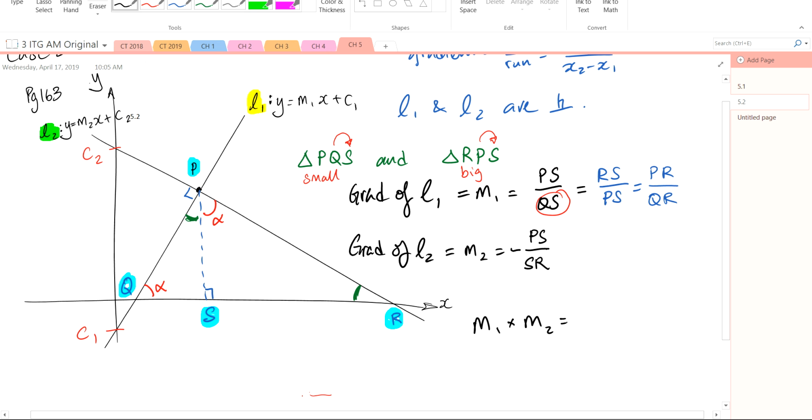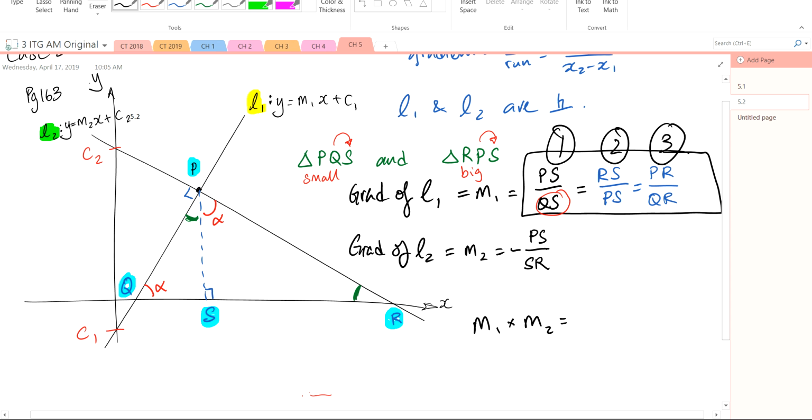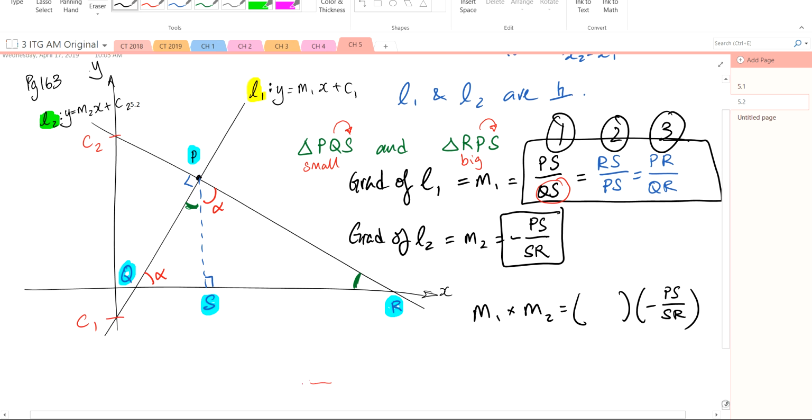Now for M1 I've got 3 options over here: 1, 2, and 3. M2 is this one. I don't want to choose my M1 yet, but I'll write down my M2, which is negative PS over SR. What will you choose to put in for M1? 1, 2, or 3? Think.